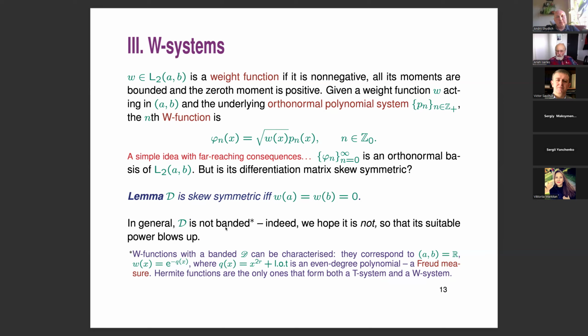And it is good that it is not bounded, because if it is bounded, then all its powers remain bounded, and then the previous argument about boundary layers near the endpoints still works. We want a certain power of this matrix to blow up. So it's good that they are not bounded.